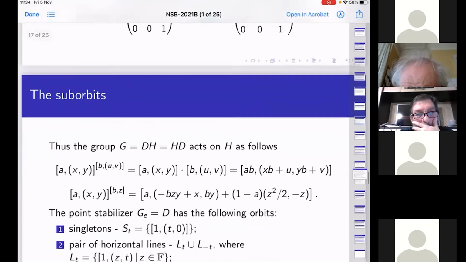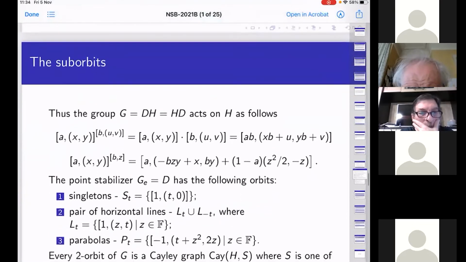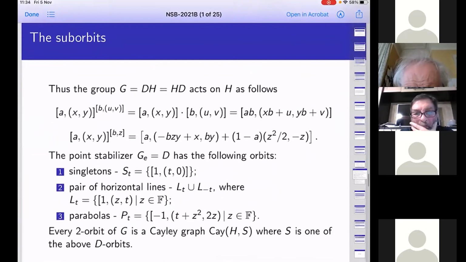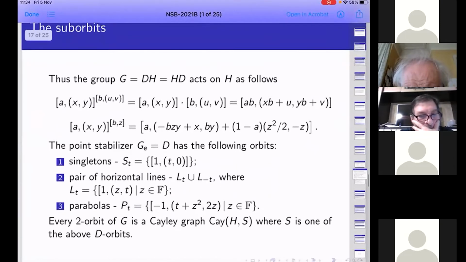So I take the identity of H, and the action is like that. If I take an element from group H and consider its action on an element of group H, this is just a product, and this is a product in a semi-direct product in a generalized dihedral group.